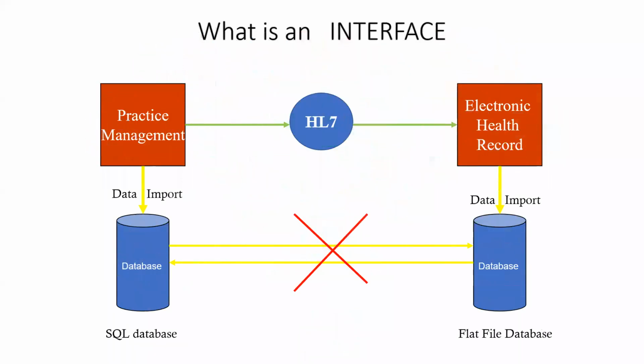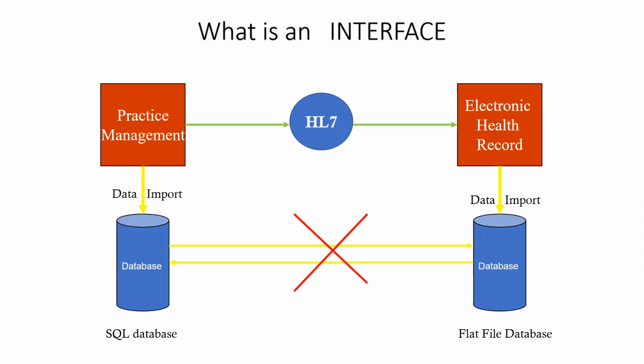Right? So now let's see what an interface is. We have talked about HL7, and I was saying that there is an interface between PM and EHR, EHR and lab, and all. But let's see what an interface is. An interface is nothing but a bridge which will help two different applications to communicate, exchange the data, or talk to each other.